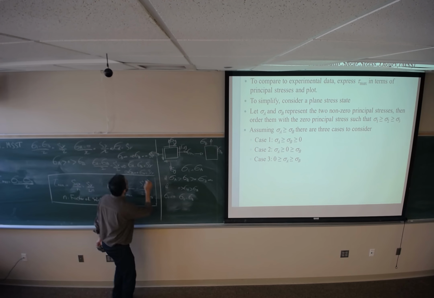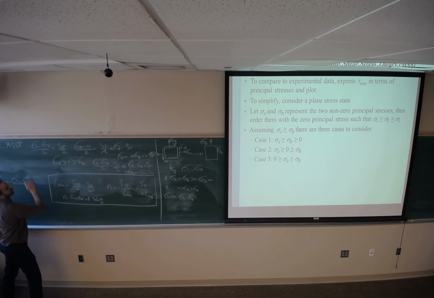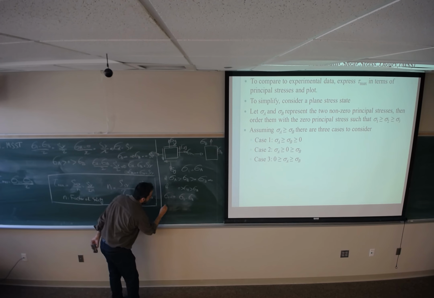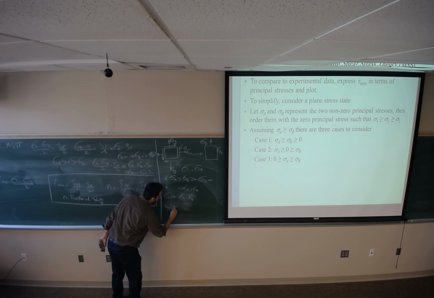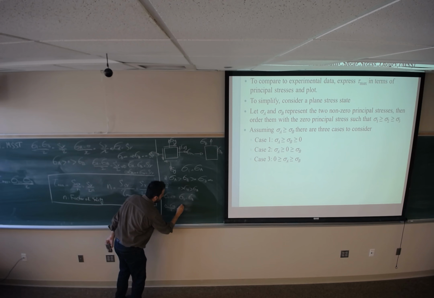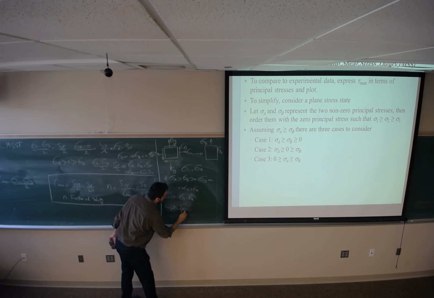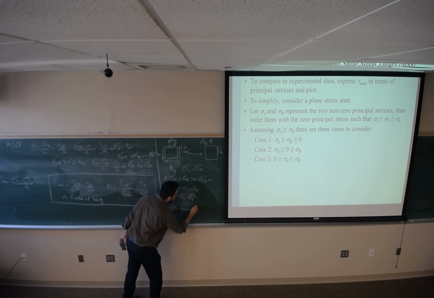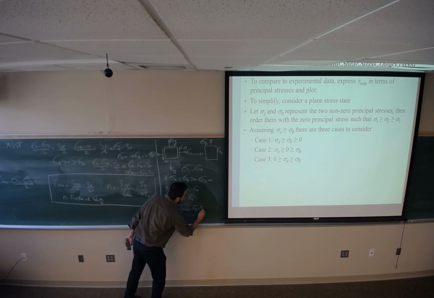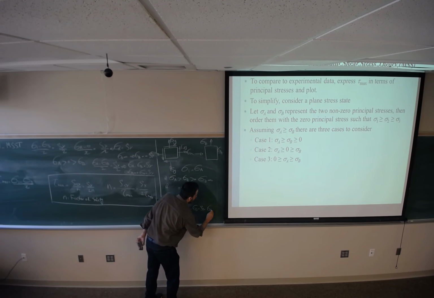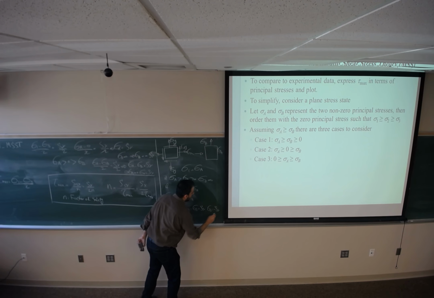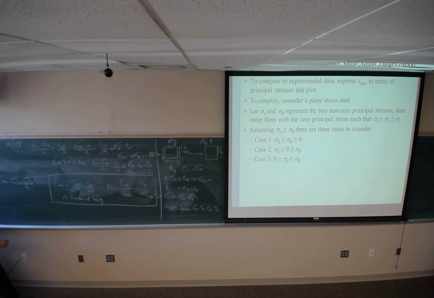So this equation is going to change to 0 minus sigma B divided by 2 equals Sy divided by 2, or negative sigma B equals Sy, or sigma B equals negative Sy. If I want to draw that line, it's going to be this one.